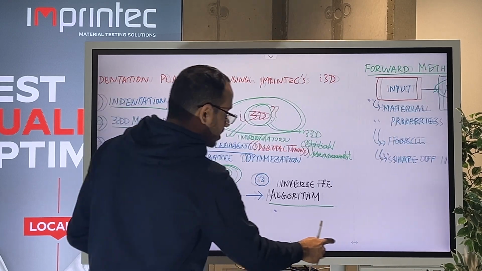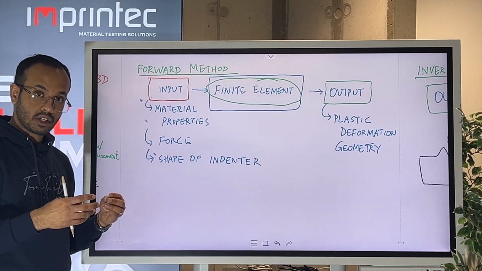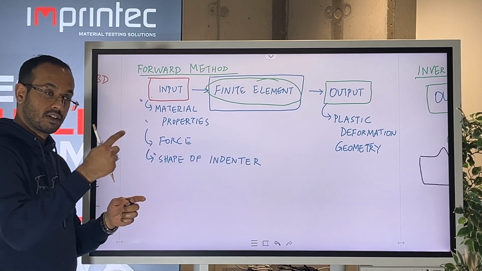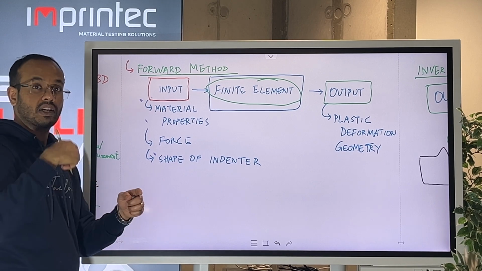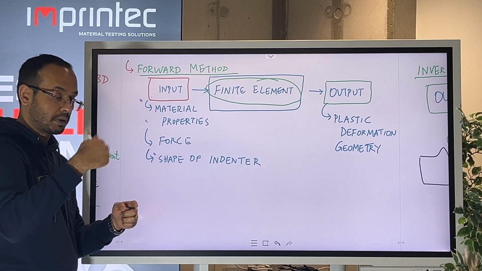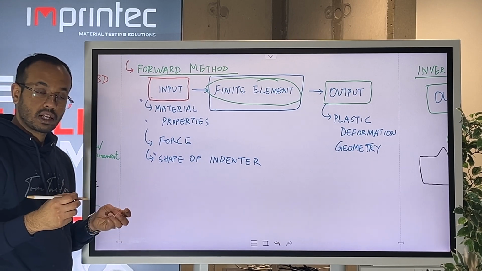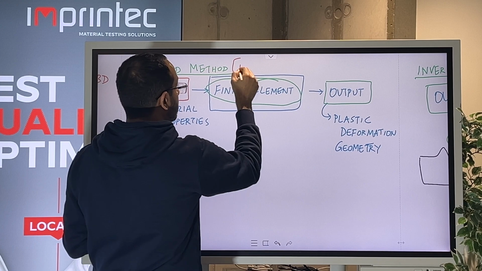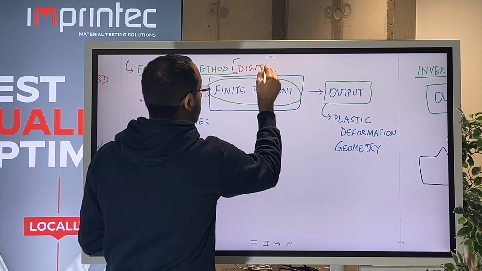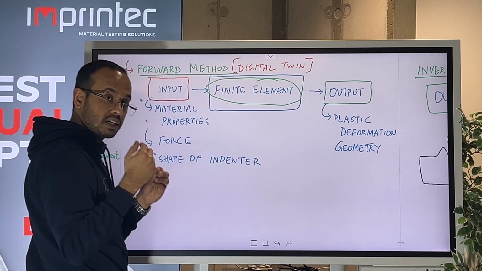To understand this further, let's understand what an inverse method is, but in the beginning, let's understand what a forward method is. Then we can understand what the backward or inverse method is. This is how you would normally create a digital twin.